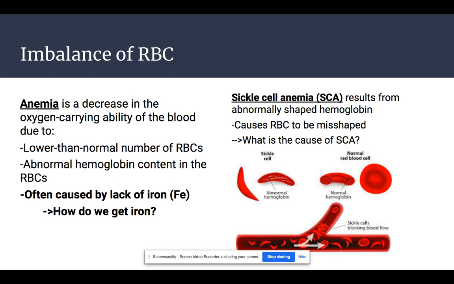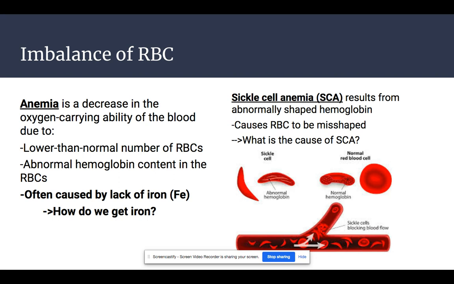So sometimes that can be cured with certain diets, but then there's also a genetic anemia called sickle cell anemia, which, way to go, guys, in your Flipgrids, when I asked the question about this, many of you got what would happen if there was a mutation in the protein for hemoglobin. A lot of you said sickle cell anemia, which, yep, you're exactly right.